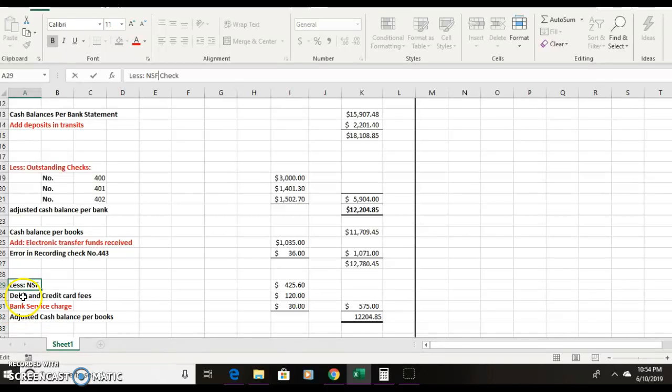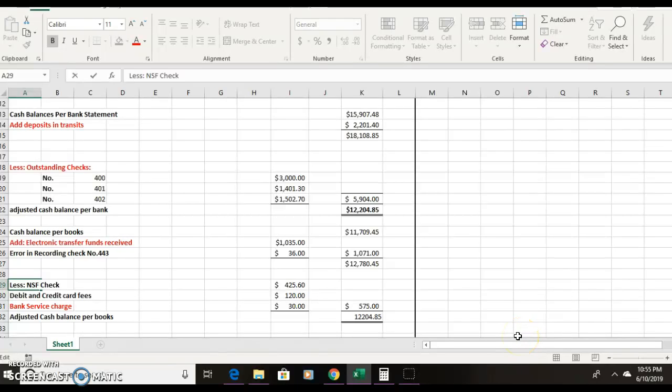And then we had less non-sufficient fund checks, and that was added here, actually subtracted here, but we grouped them together, added them up, subtracted them from the error. So we had debit and credit card fees, bank service charge, add those here, adjusted cash balance per books, and the grand total is $12,204.85.